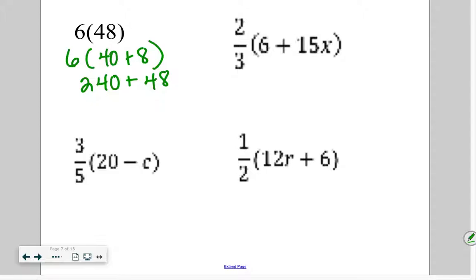Now add those two together. 240 plus 48 is 288. Still using the distributive property, but understanding the concept that I can take a number like 48 and break it into an addition question of 40 plus 8. Now it allows me to do a little bit of mental math without having to pull out a calculator.